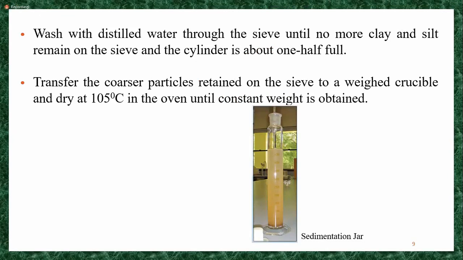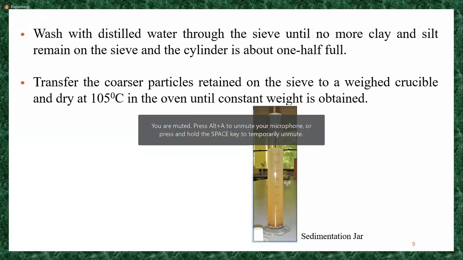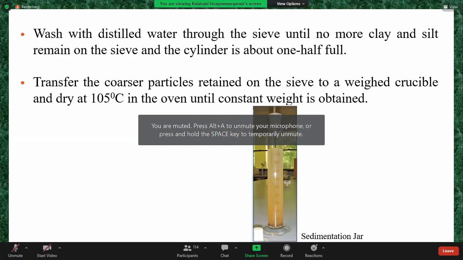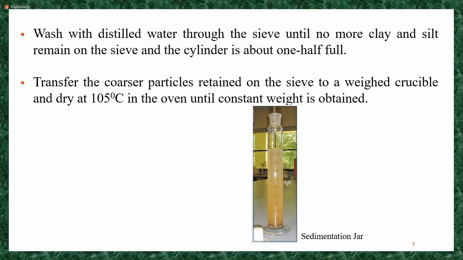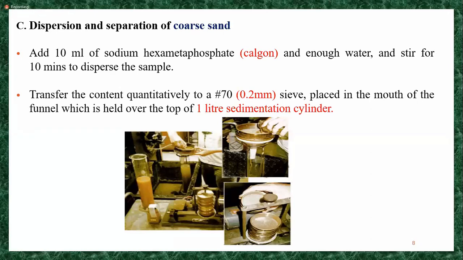After adding the soil, you have to again wash with water. You can use distilled water through the sieve until no more clay and silt remain on the sieve. So you have to add more and more water. Here you are going to use the 0.2 millimeter sieve.